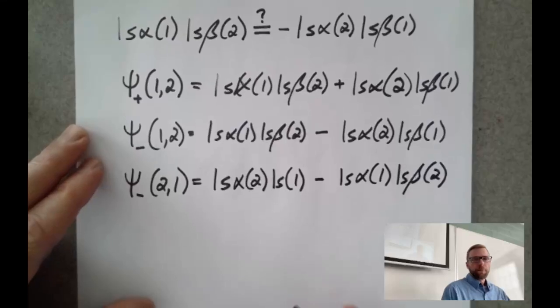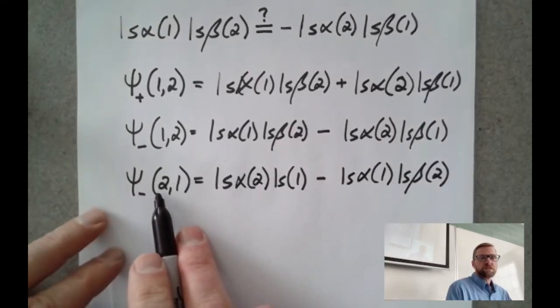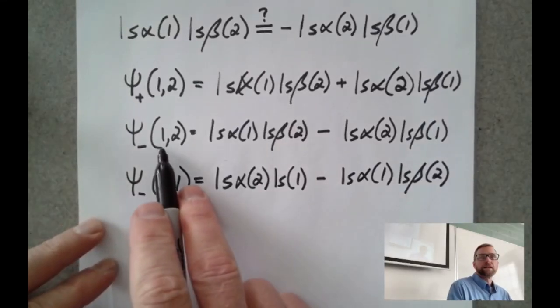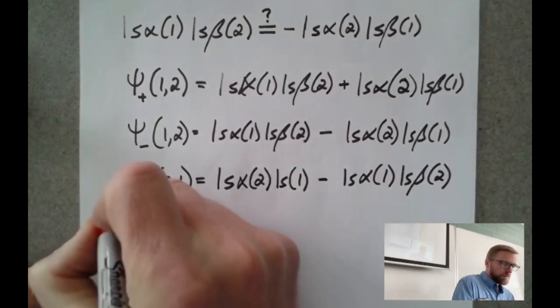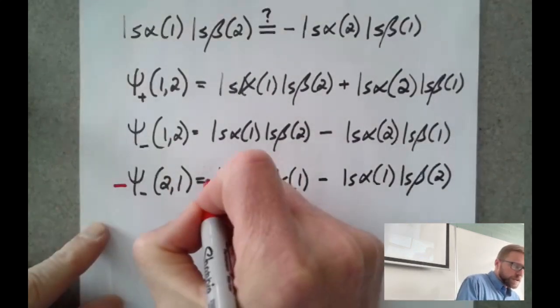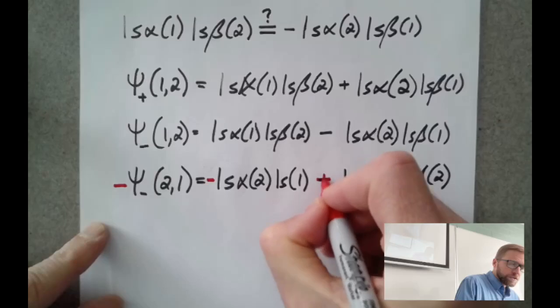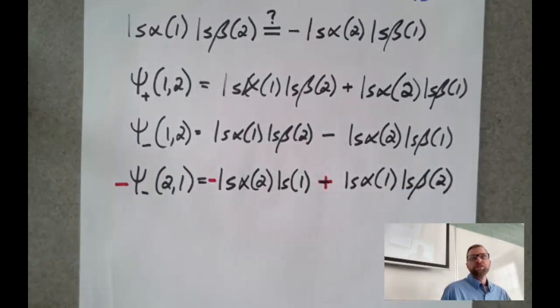Okay? Is this the negative of that? Well, if we want to test it out, let's multiply it by minus 1. There's a minus, there's a minus. This is going to turn into a plus. Are these equal? Yes.